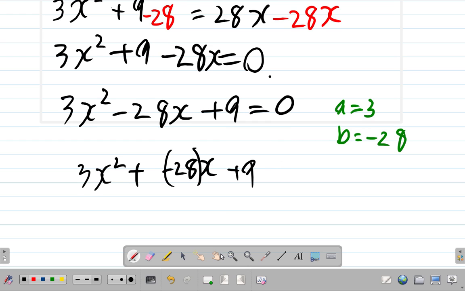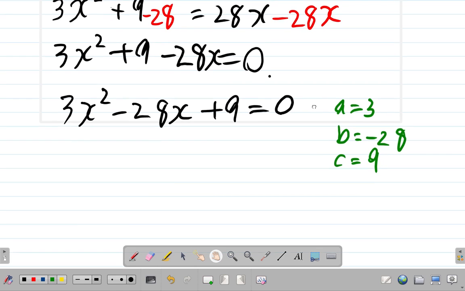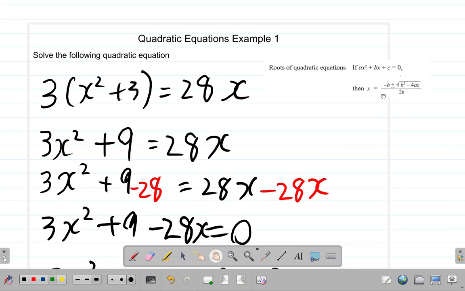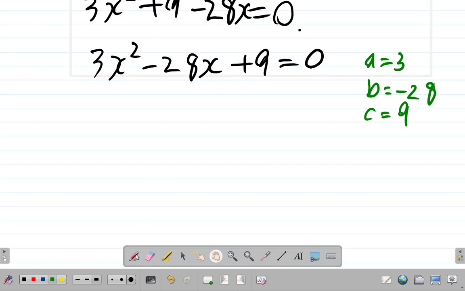Alright? So don't mix them up. What is c? You can see that c is 9. Alright? Now, suppose you use the formula x equals negative b plus or minus the square root of b squared minus 4ac, all divided by 2a.